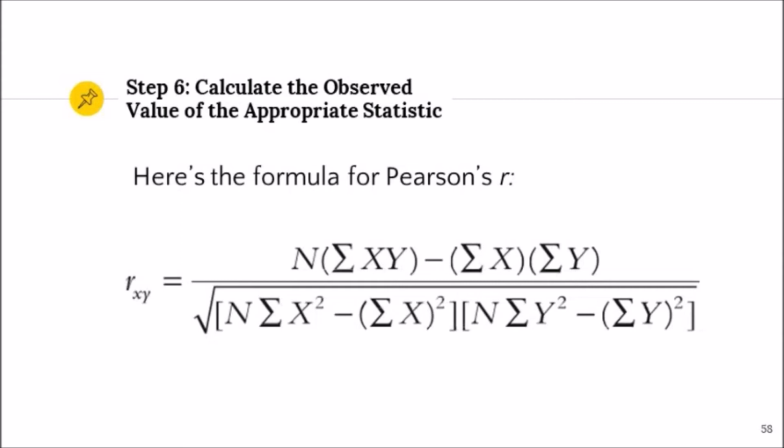Once we have multiplied the value of the first bracket and the second bracket, we need to find its square root. Afterwards, we will now divide the numerator by the denominator. The resulting value is the observed value, or R.